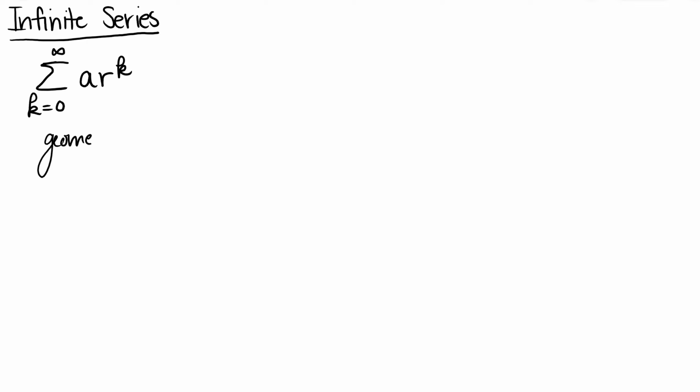This will equal A over 1 minus R if the absolute value of R is less than 1, meaning if I am between -1 and 1. And you really should look through how they develop this theorem. It's a really interesting way to look at how they develop this A over 1 minus R.